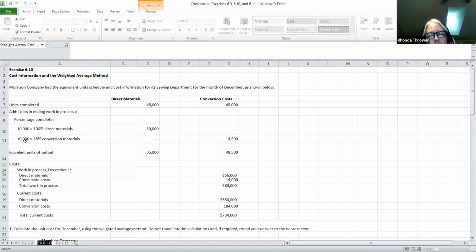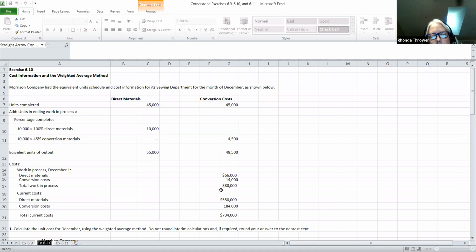So if you multiply the 10,000 whole units of ending inventory times 45%, that's how they're coming up with 4,500 units that are conversion units here. And the equivalent unit output would be the two of these added together. And this is how Cengage set it up.